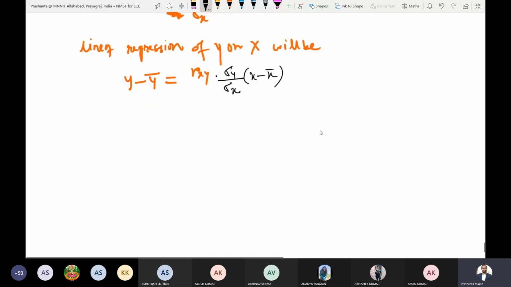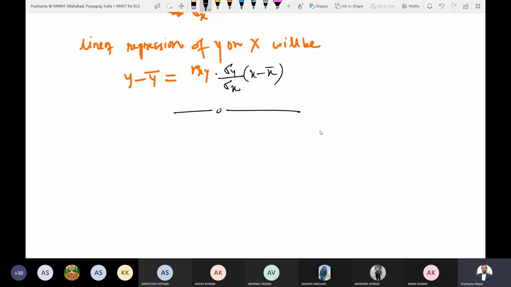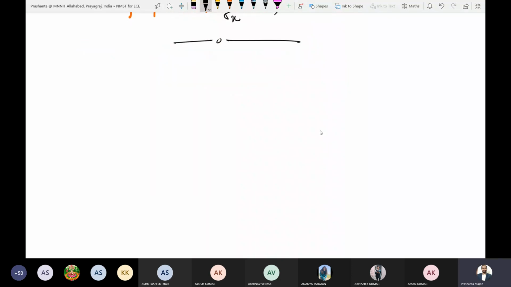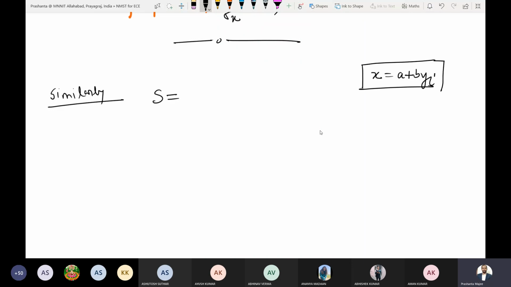Similarly, if you calculate the error, you assume that the equation is x equals a plus by. You assume that this is the line which represents the two-dimensional data in the most suitable way.